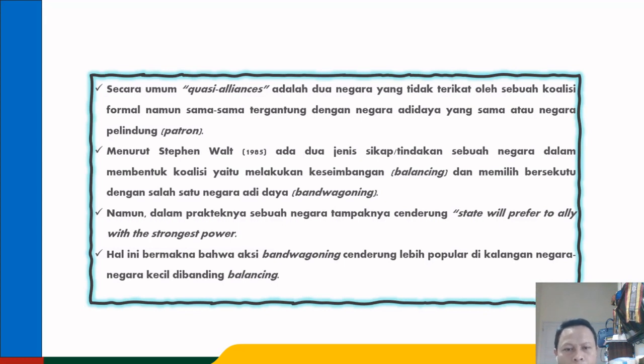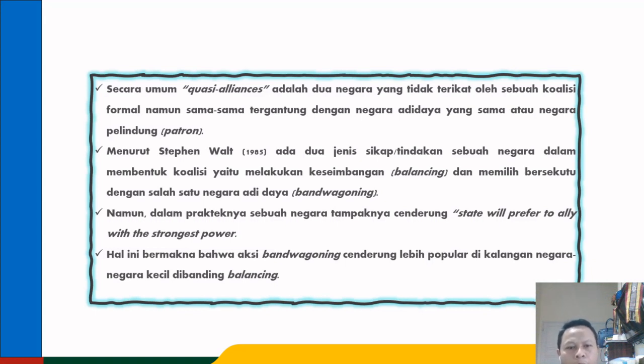So if a state faces international pressure, the option is two. One is balancing, which means fighting, and the second is following, or in IR we identify it as bandwagoning.